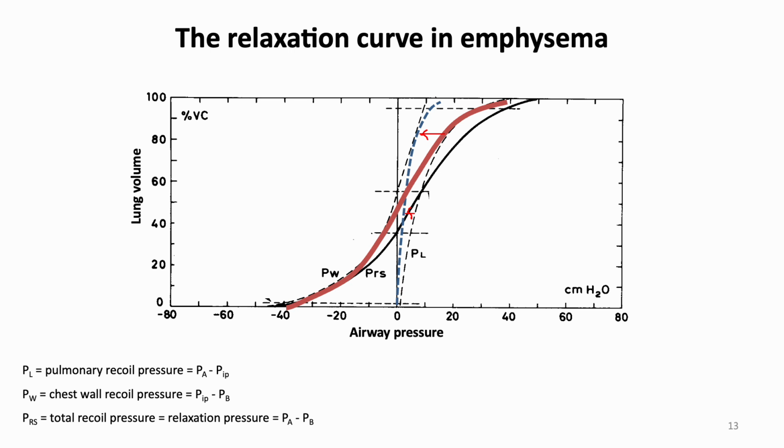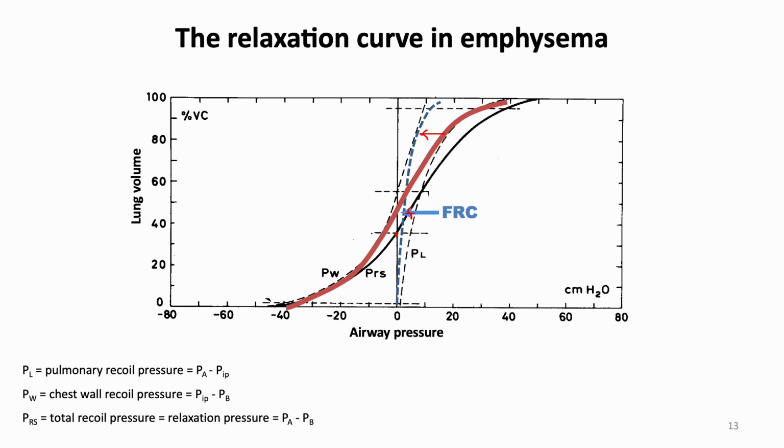And this actually has an imminent effect on functional residual capacity, because that was the point where the curve crosses the 0 line here. Before, with normal compliance, functional residual capacity was here, but now it is shifted to this point here.